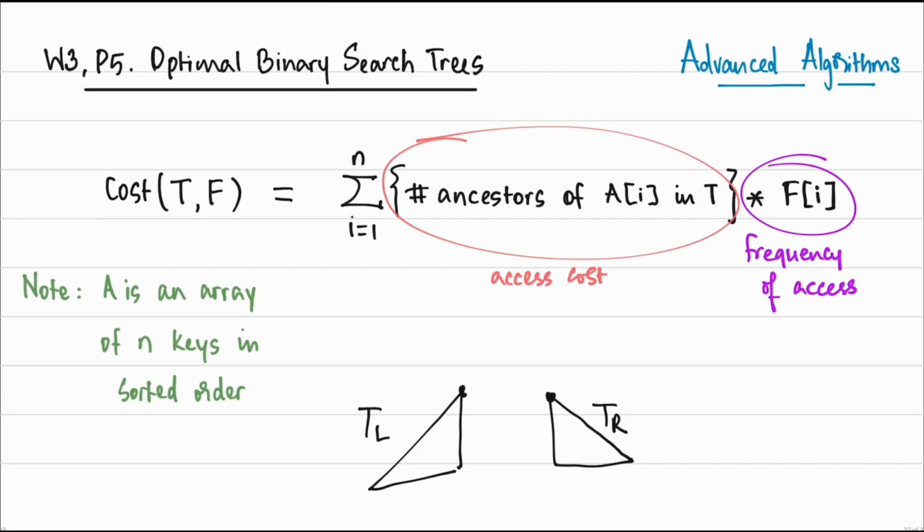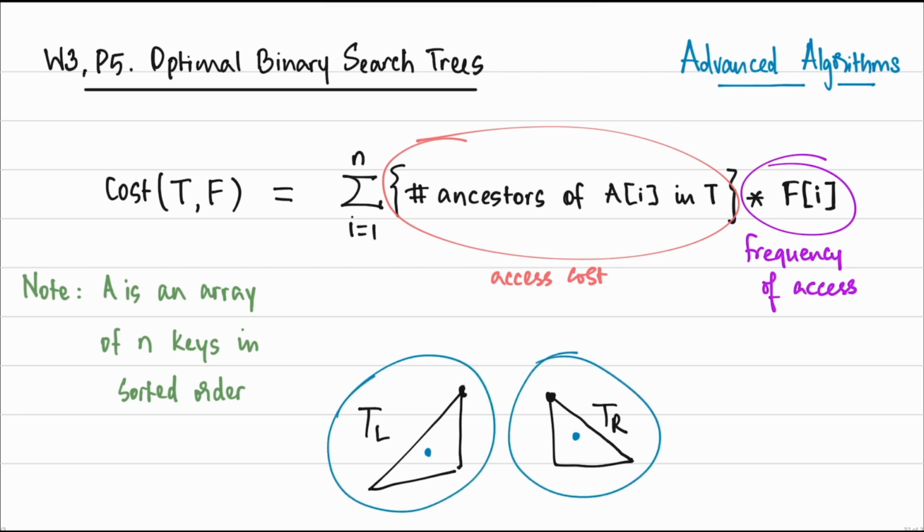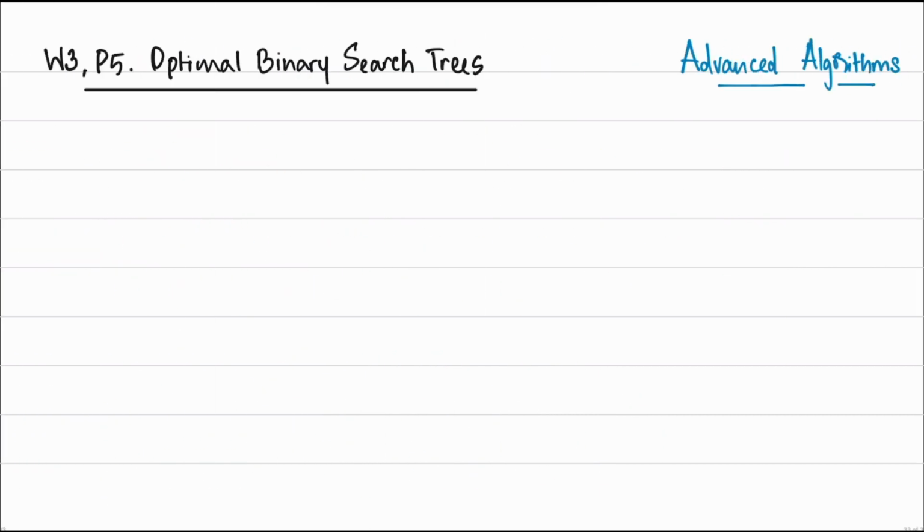And now I'm left with these two smaller pieces, and I can worry about them in recursion essentially, right? So now the elements that are sitting here and the elements that are sitting here, I can think of them in terms of the ancestors that they have in these subtrees as opposed to the entirety of the original tree, right? So let me rewrite this cost function and you can think about whether it makes sense.